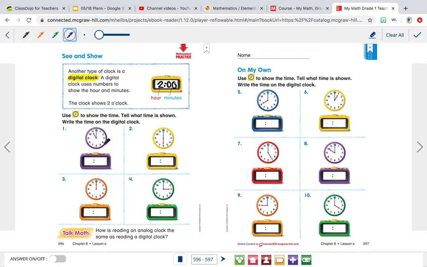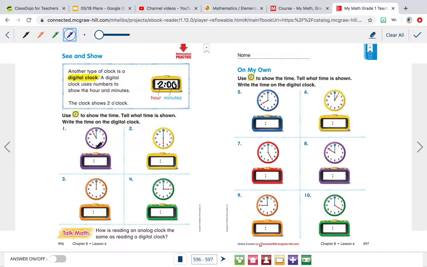So if the hour hand is facing the 11, then it's going to be 11. But the first thing we need to do is look at the minute hand. The minute hand, the blue hand, is facing 12. Whenever the minute hand is facing 12, that means it's at 0 minutes.